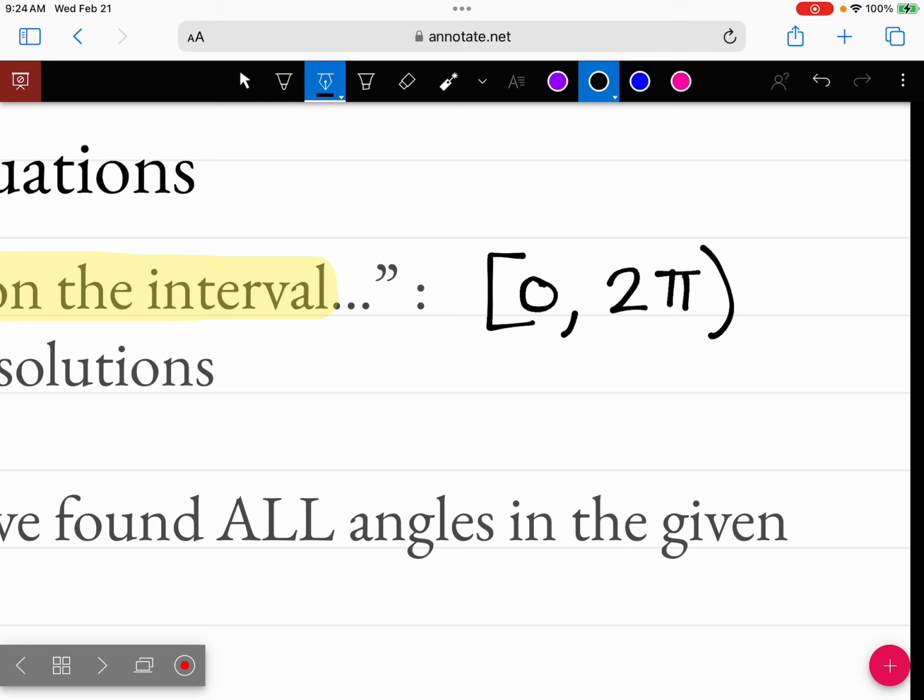More often than not, this is the interval they have us do, which is the one we're going to practice with. 0 to 2 pi. We treat it exactly like what we've just done, except at the end, instead of putting pi over 6 plus 2 pi n, we're going to figure out exactly which ones they are, and it's going to be what we call a finite list, just a list of the only ones that work.